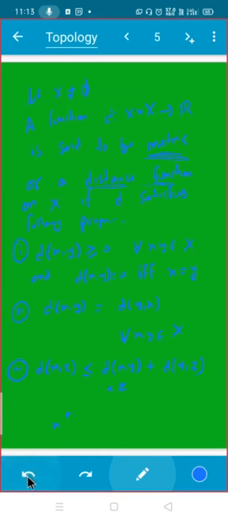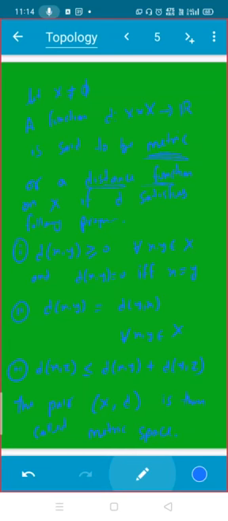Now once we are done with this, if you are having any function satisfying the following properties, you are going to say this function is called a metric, and the pair x comma d, the set along with this function, I'm going to write it as a pair. This is called a metric space. Is the definition clear to everyone?